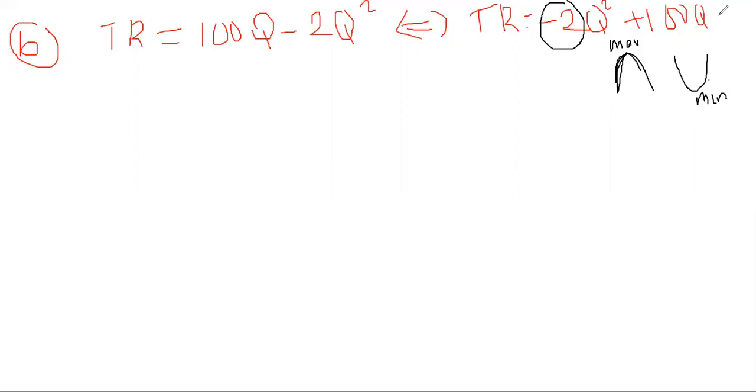It's 0, because there is no constant term. If there were +6 here, that would be the constant component of the total revenue, that would be your y-intercept. If the constant term is 4, then the y-intercept will be 4. If it is -3, then the y-intercept will be -3.